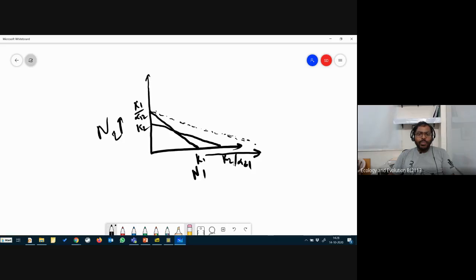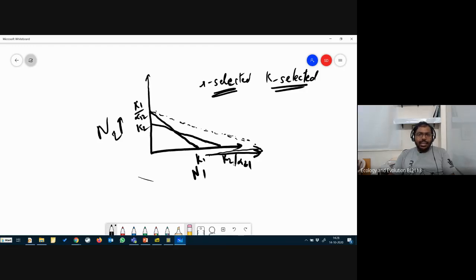Agreed? Yes. So, do you guys remember at some point we were discussing two terms, R selected and K selected populations, right? R selection and K selection. And we were saying that when you have selection for increased K, then you have selection for greater competitive ability, right?